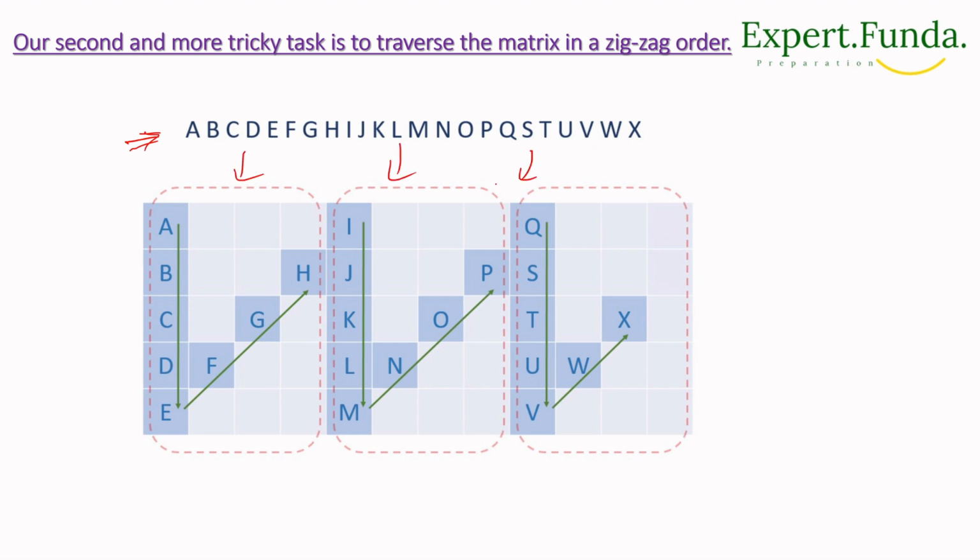So what we will do is take two variables, let's suppose a current row and a current column, and we will represent this in the matrix. First we will start from the top and traverse down an entire column.